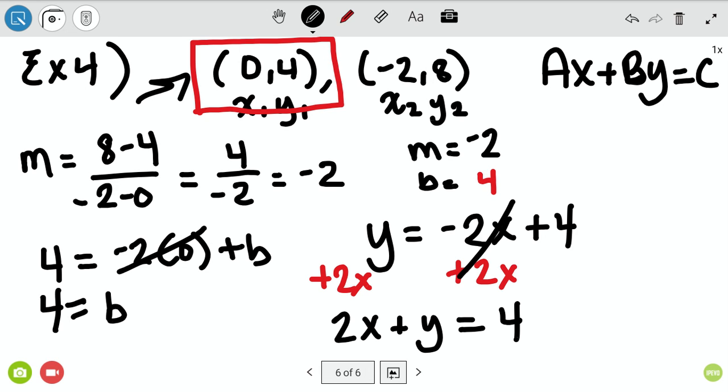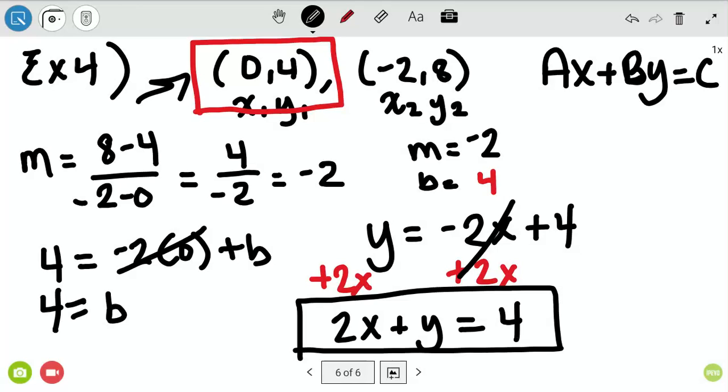Now what? Am I good? My 2's positive. I'm good. So if you don't have a slope, find your slope. Once you've found your slope, then you need to write your equation in slope-intercept form, just because that's all you have. And then once you do that, you can move stuff around to get it in standard form.